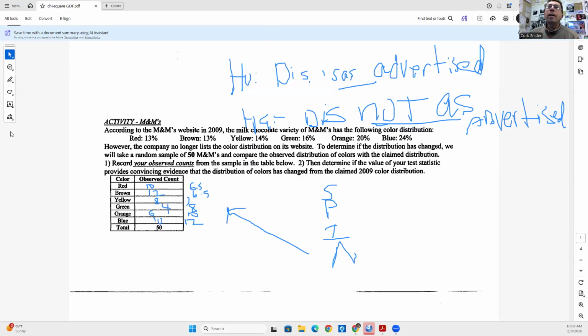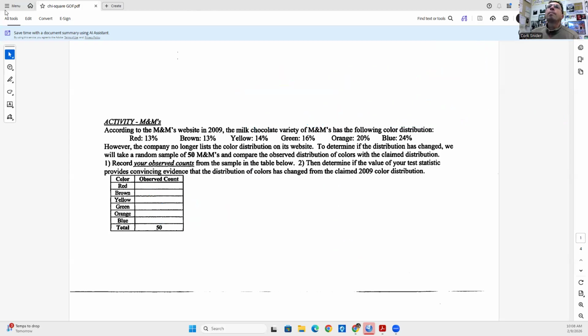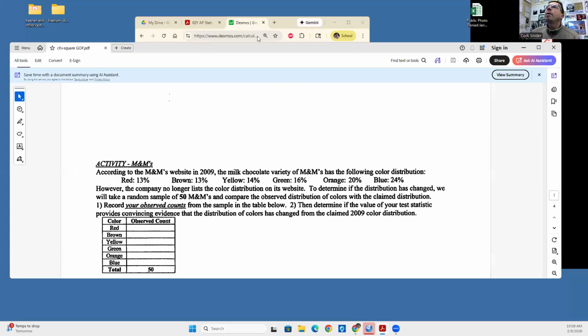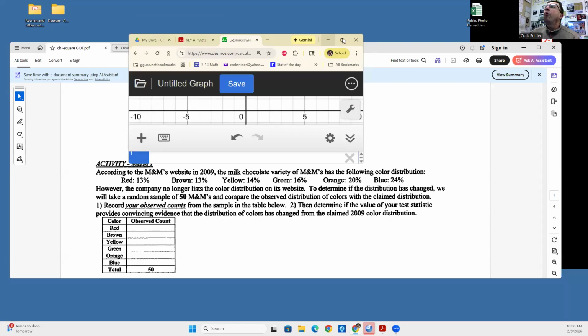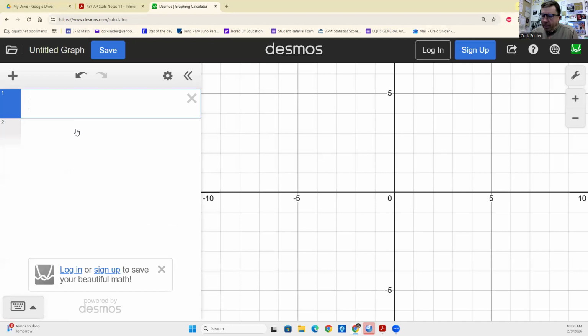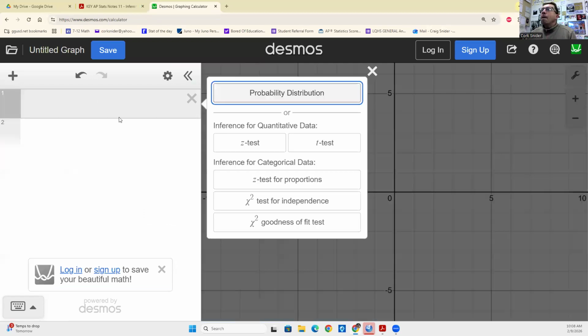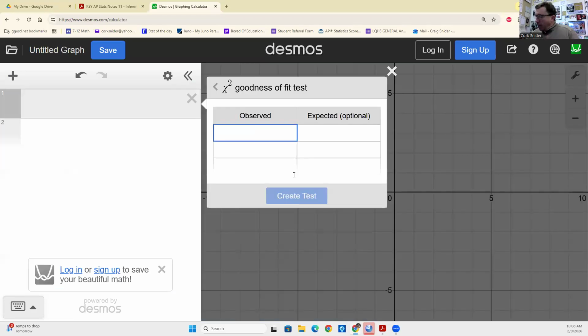So let me clear all this, and let me go to Desmos. Now on Desmos, inference. Goodness of fit. Here we go.